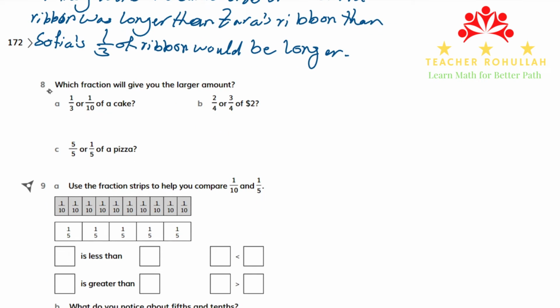In question 8, it says, which fraction will give you a larger amount? 1/3 or 1/10 of the cake? If we have two same-sized cakes, one of them is cut into 3 equal parts and the other one is cut into 10 equal parts.